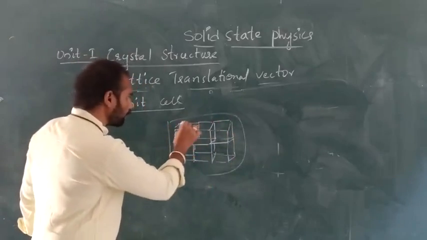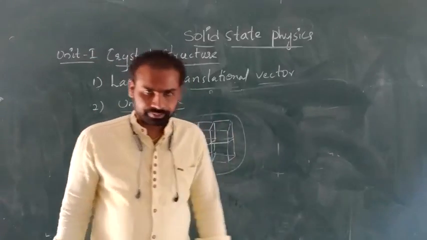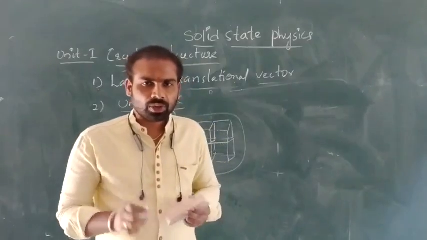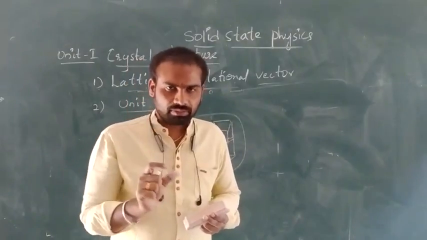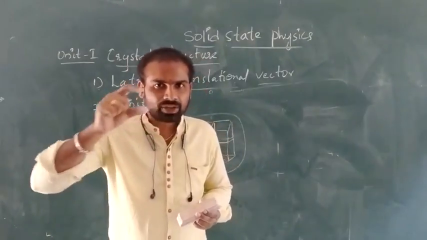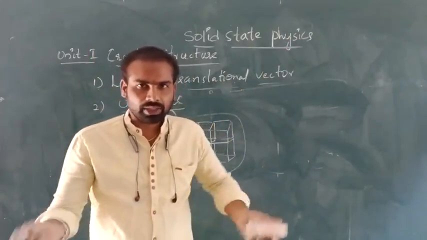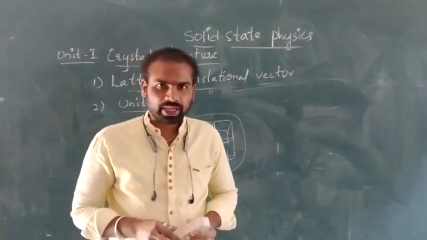This small unit is nothing but the unit cell. Did you understand? So, what is a unit cell? The smallest geometrical solid or figure, the repetition of which will give the actual complete crystal, is the unit cell. In the next class, we will discuss Miller relation. Okay, thank you.